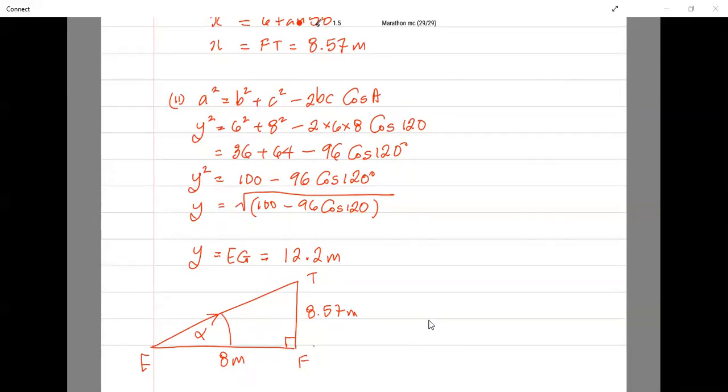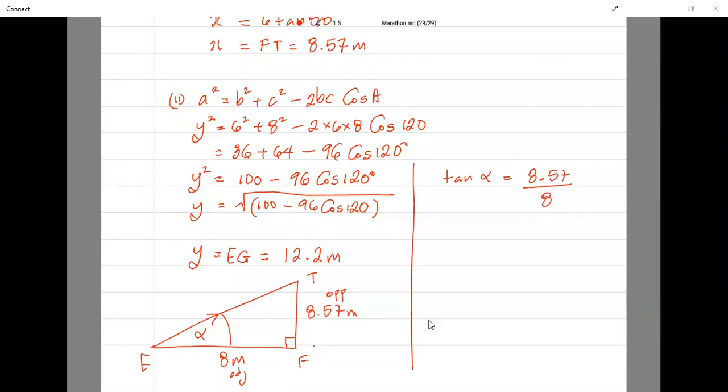Angle of elevation is the angle between the horizontal and the line of sight when you're looking up. So I'm going to say this is opposite and this is adjacent. So the tangent of alpha is opposite 8.57 over adjacent, which is 8.